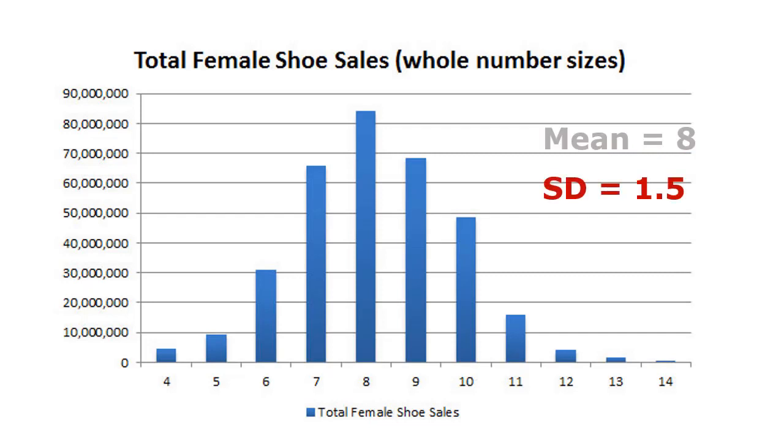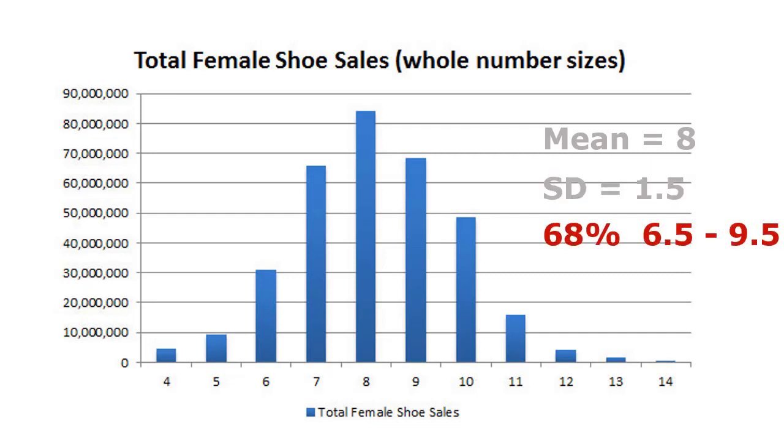The standard deviation is around 1.5. And what that means is that the average difference of shoe size from the mean of 8 for females is 1.5 shoe sizes. And so the standard deviation is 1.5. And there's an interesting pattern that emerges that we'll talk about in just a bit.